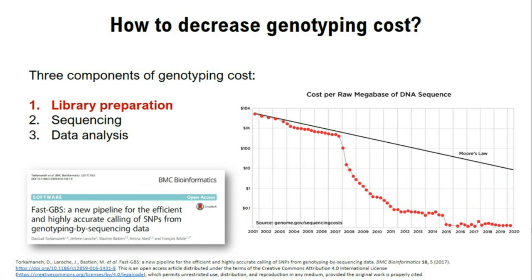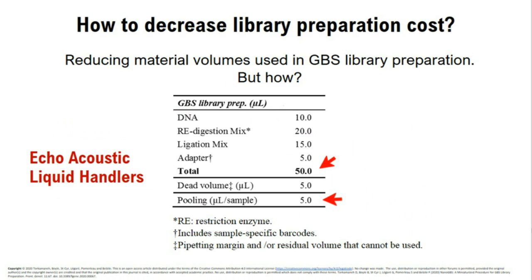I want to go into the details of the library preparation cost, or the materials that we use for GBS library preparation. In general, we use 10 microliters of the DNA, then 20 microliters of restriction enzyme digestion mix, 15 microliters of the ligation mix, and 5 microliters of the adapters.